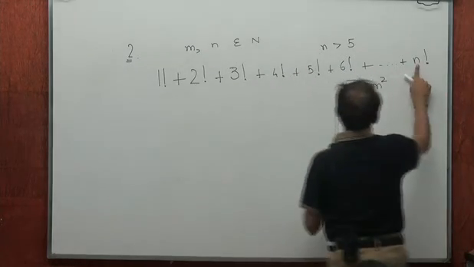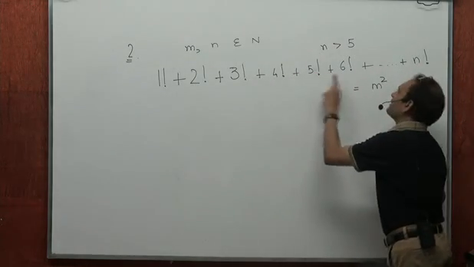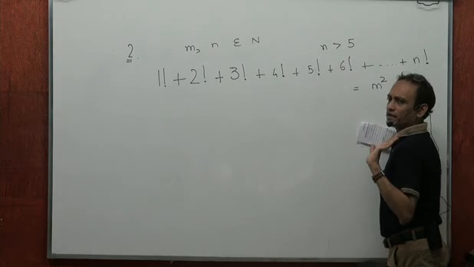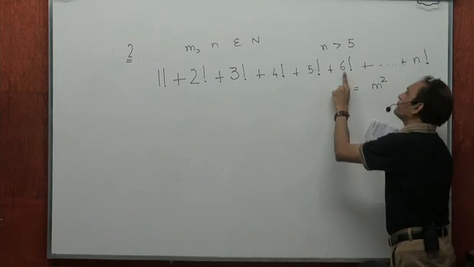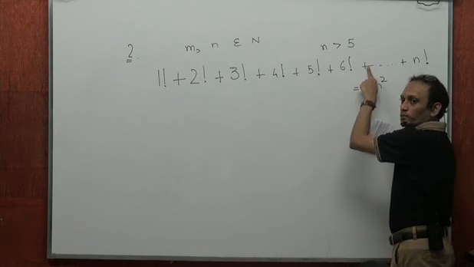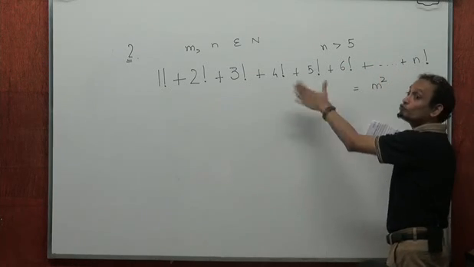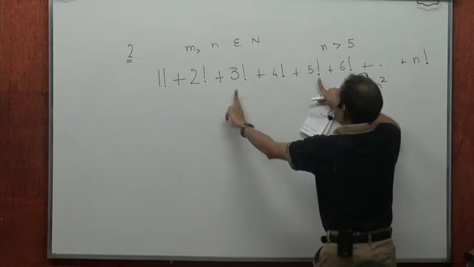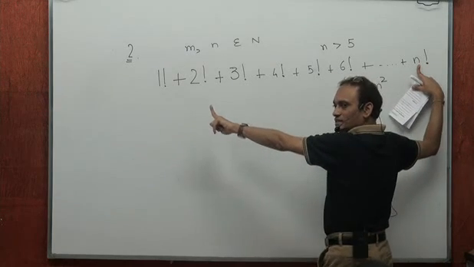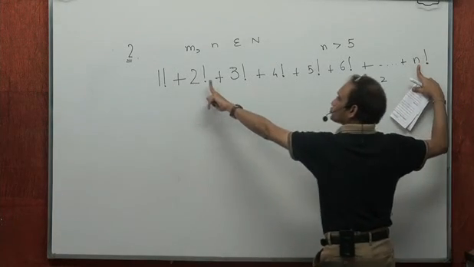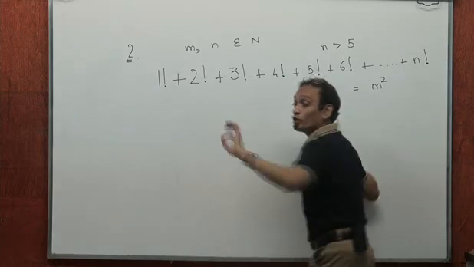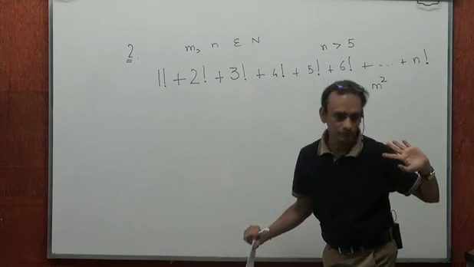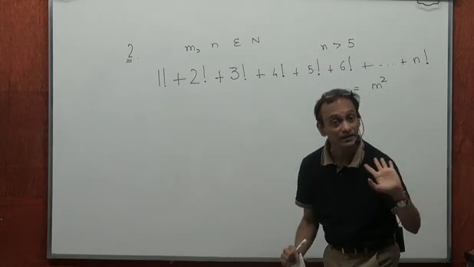One thing, n is greater than 5, that means we'll have 5 factorial onwards, all the terms appearing. It could stop at 7 factorial, it could stop at 8 factorial, n could be 6, n could be 7, n could be 8, and so on. We do not know where. So for sure, 1 factorial to 5 factorial will certainly appear, because n is given to be greater than 5.